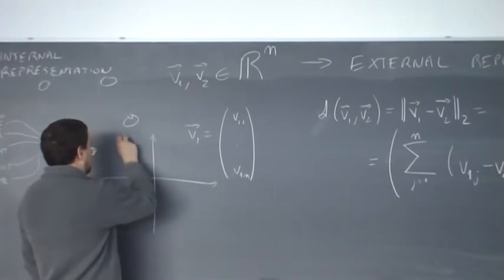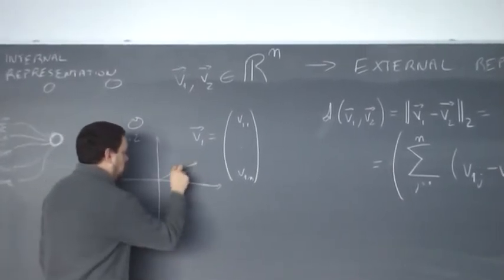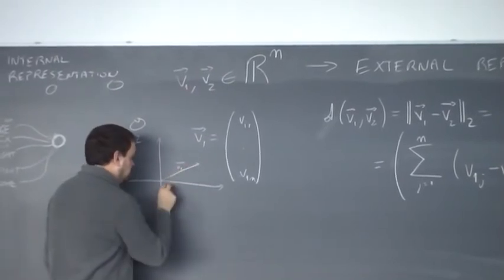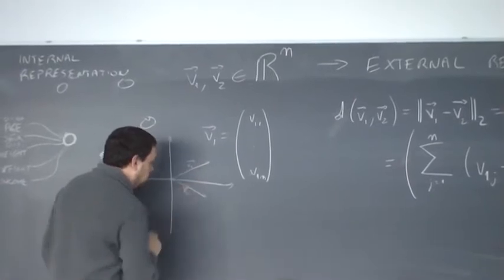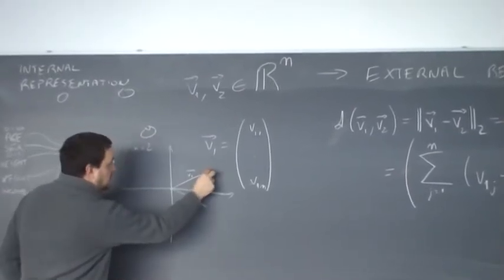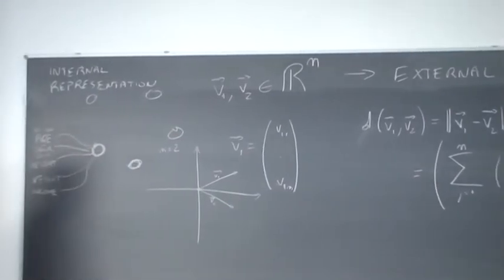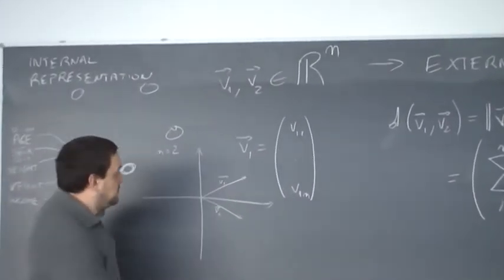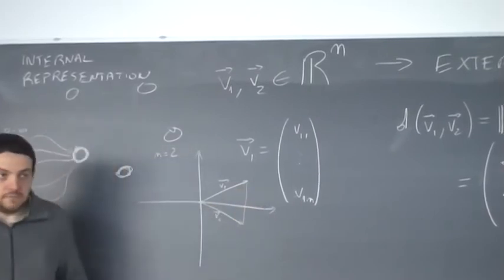If we have two dimensions, so n is equal to 2, then V1 and V2 are represented by 2 points, or 2 arrows if you prefer, in this space, and the distance between the two is exactly the distance between these 2 points.